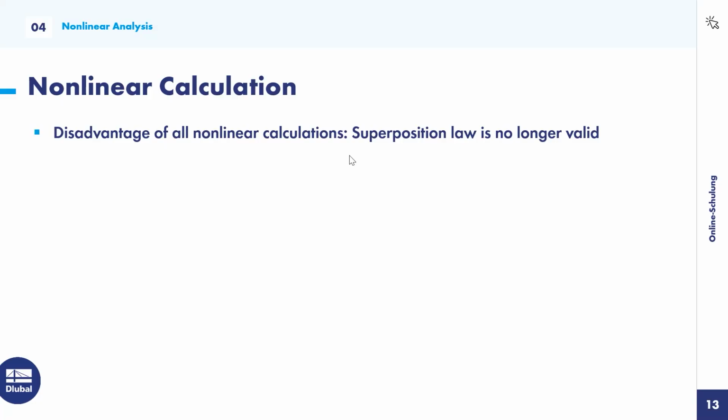You will get your moments, you will get your shear forces as results, and then you will pick your next load case and you will calculate it independently. You will get your results, you will get your internal forces, and for achieving the final result, you will just add them, because why not? And that's right for linear systems.